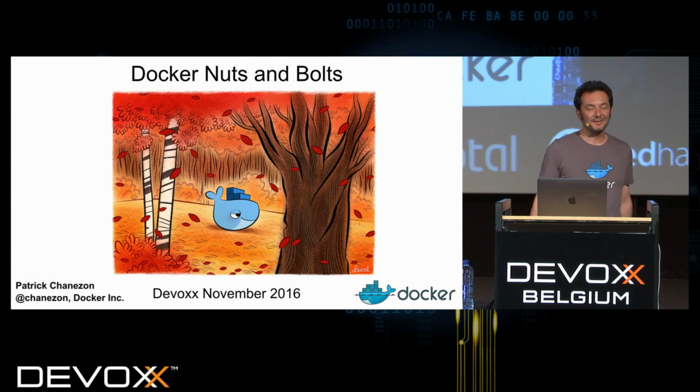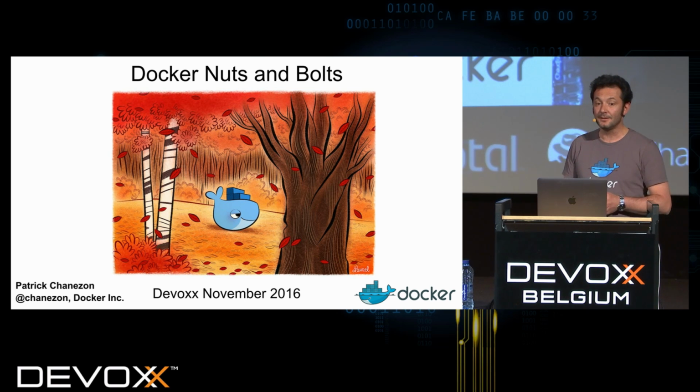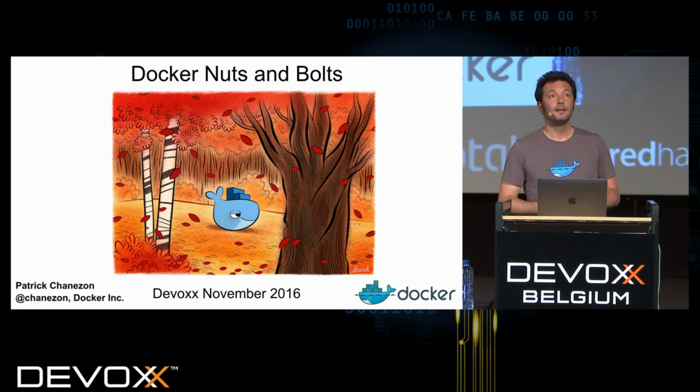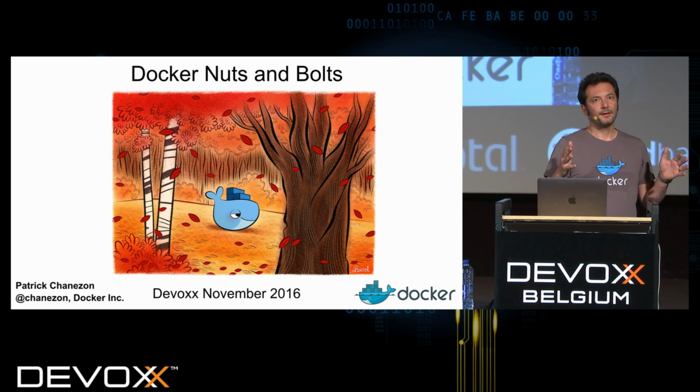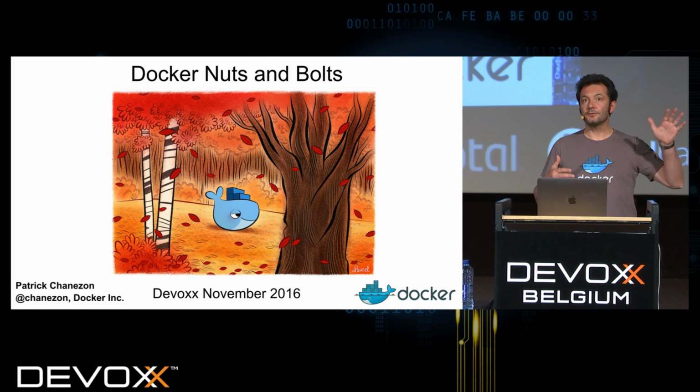Hi, everybody. My name is Patrick Chanezon, and today we have a university session on Docker nuts and bolts. I got some questions on Twitter, so that will encompass an introduction to Docker.